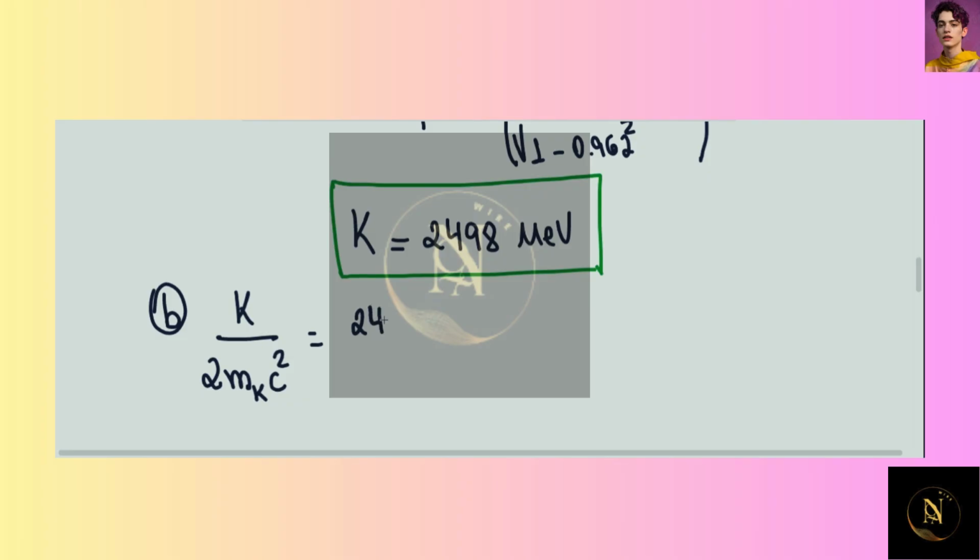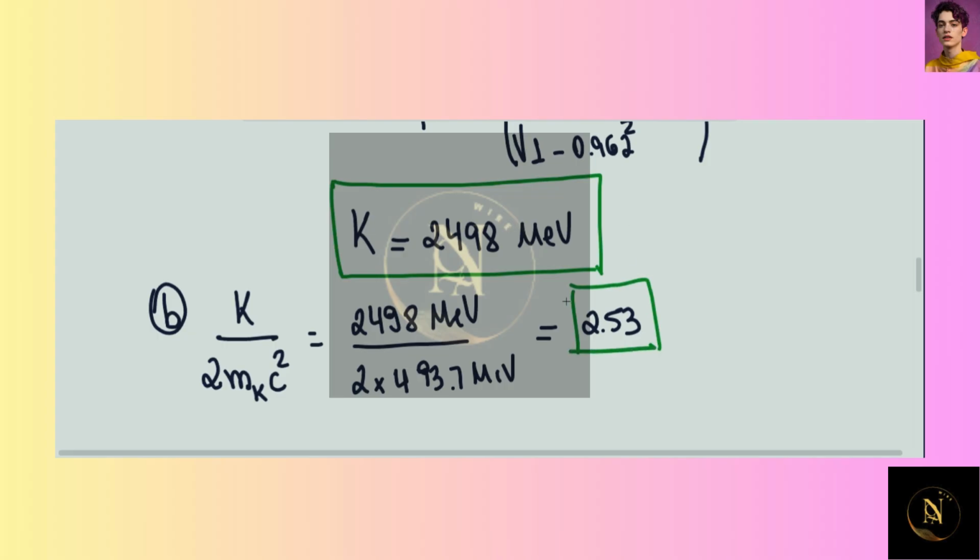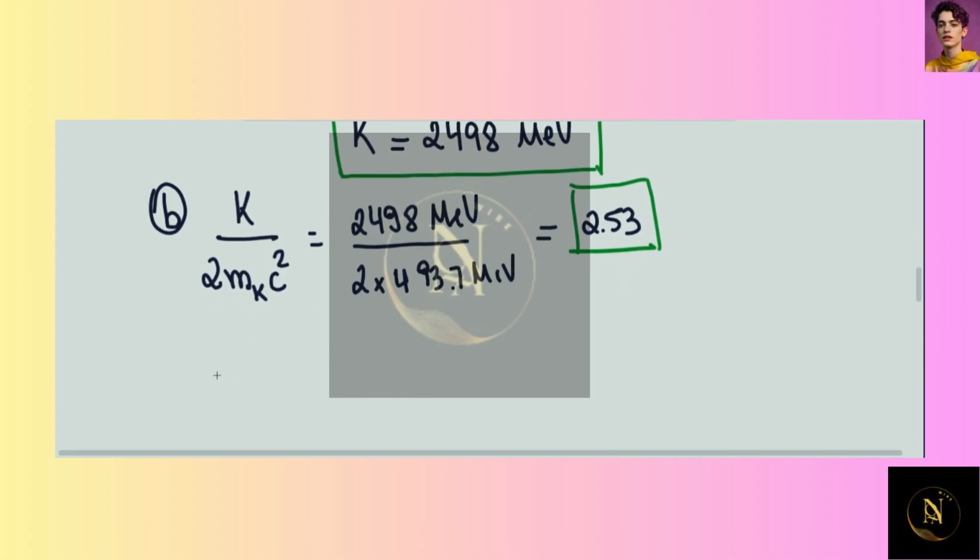So this is 2,498 megaelectron volts divided by 2 times 493.7 megaelectron volts, and this is equal to 2.53. So the kinetic energy is 2.53 times greater than the rest energy of the K's.